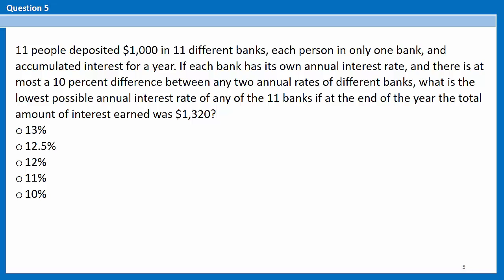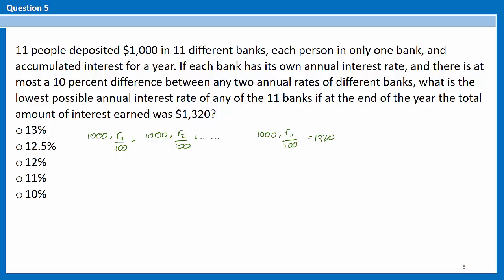Okay, so there are 11 different banks, so I would write the interest earned in each of them, since it's just 1 year, would be 1,000 times rate 1, first bank, over 100, plus 1,000 times R2 over 100, and so on and so on until R11 over 100, and the sum of all of these interests is $1,320.